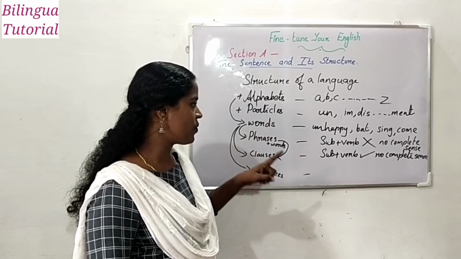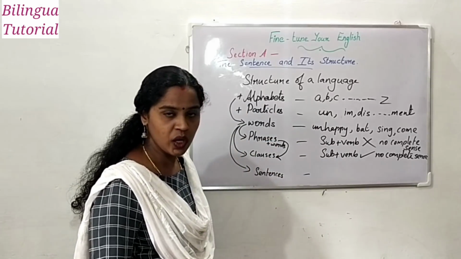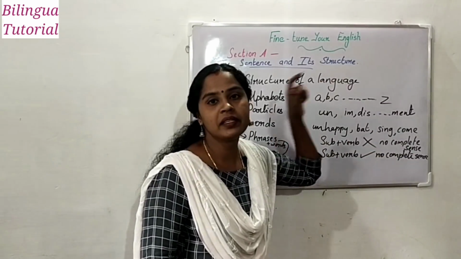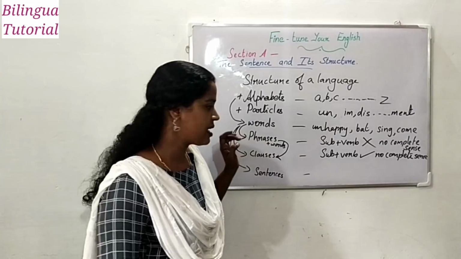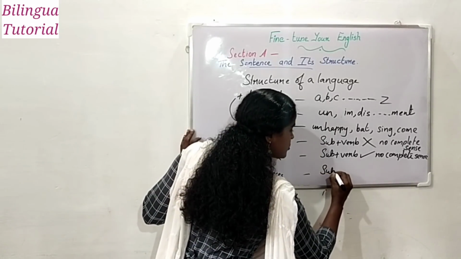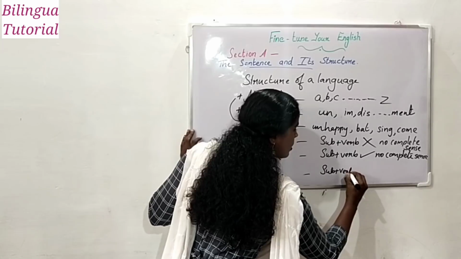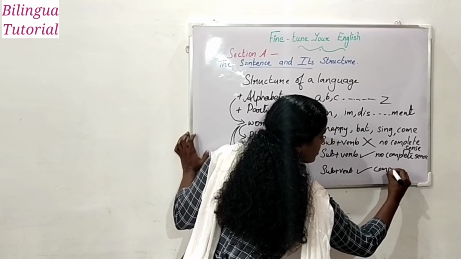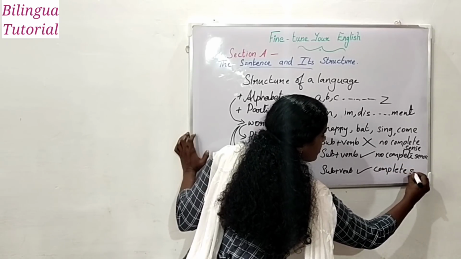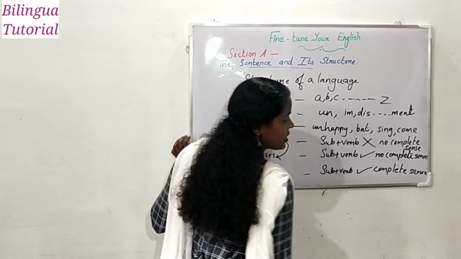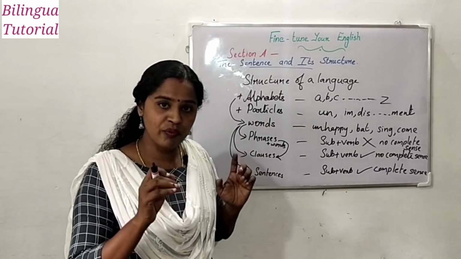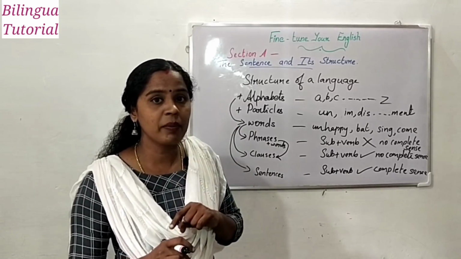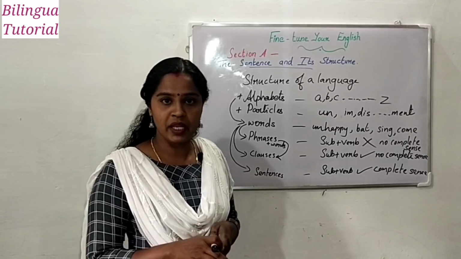A sentence is a group of words which has subject and verb, or subject and predicate, plus a complete meaning or a complete sense. Sentences are combinations of words with subject and predicate, or subject and verb, and a complete meaning.